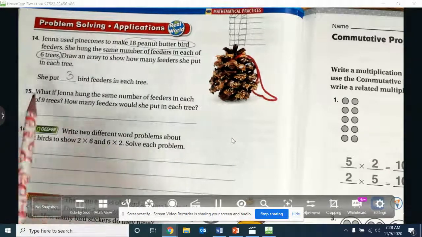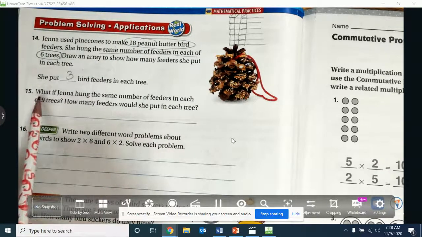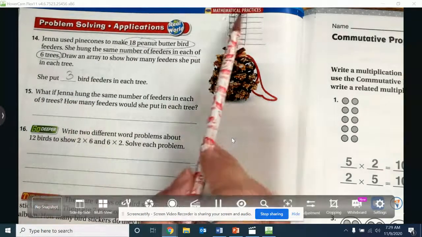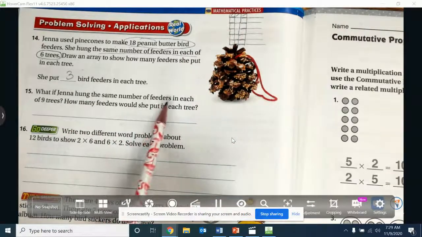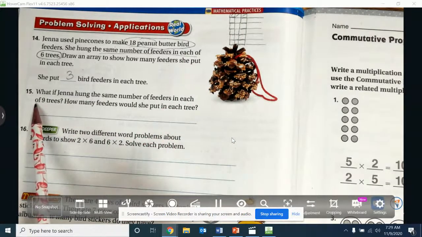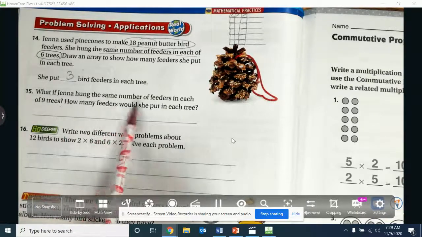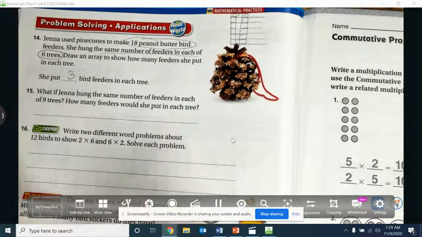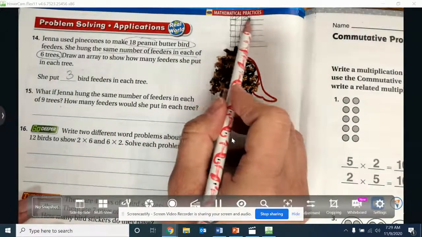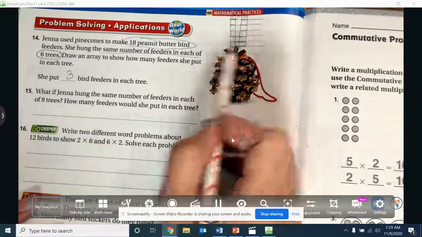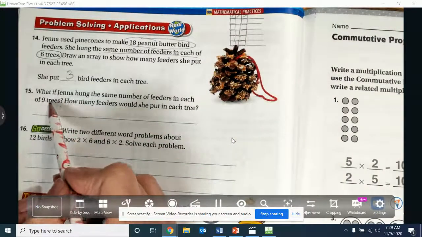Now, number 15 asks you, what if instead she hung the same number of feeders in, this time, 9 trees? How many feeders would she put in each tree? So instead of having 6 trees, what if she now has 9?